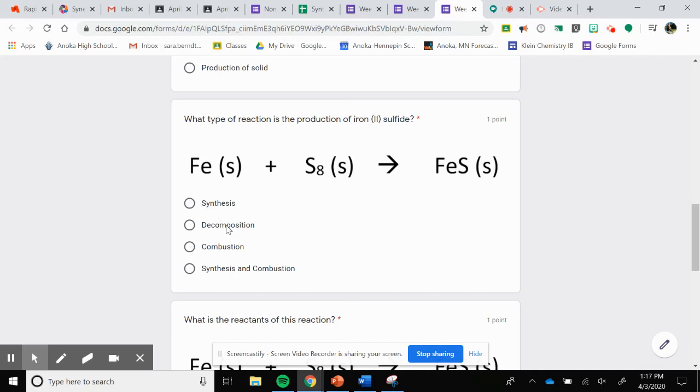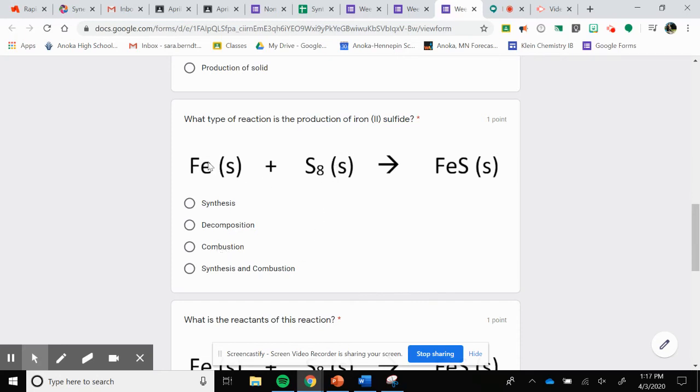Decomposition is just the opposite. You would have one reactant forming two products. This is not a decomposition reaction because we have multiple reactants and decomposition only has one reactant. Combustion reactions always have oxygen, O2, as a reactant.